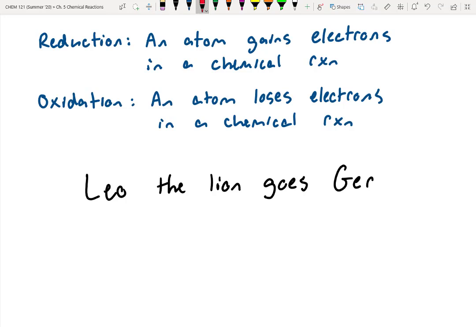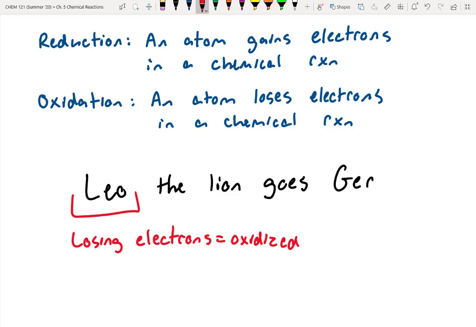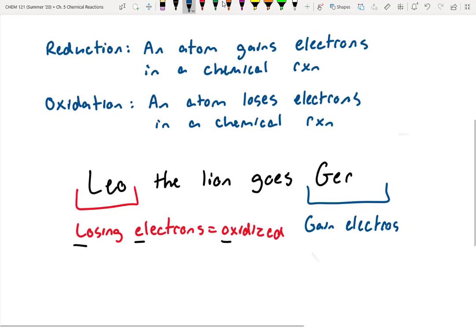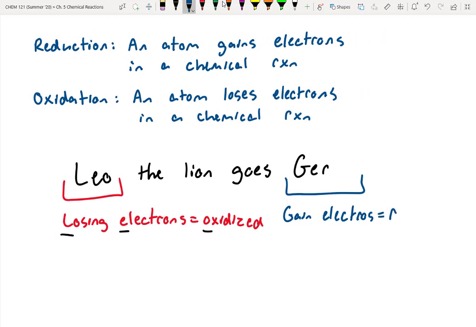So what this means right here is losing electrons equals oxidized. So that's LEO, right? Versus GR, this is gain electrons equals reduced.